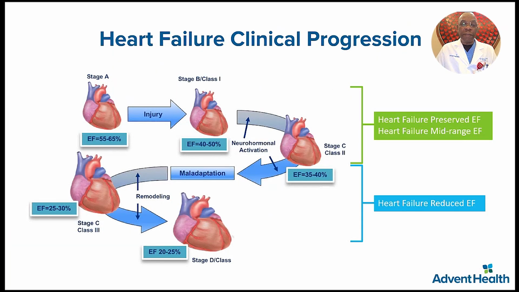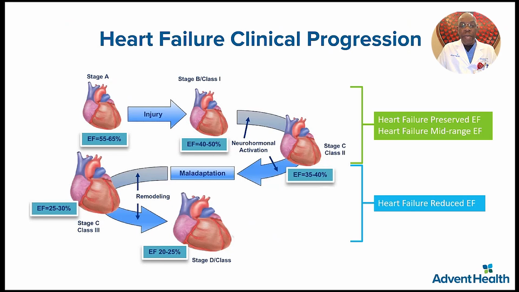Heart failure is a progressive disease. It is one of those conditions that once it initiates, if not treated well, will continue to progress until the patient's death. Here we've summarized heart failure's progression, starting with a normal heart in stage A, where you have an ejection fraction of 55 to 60%.